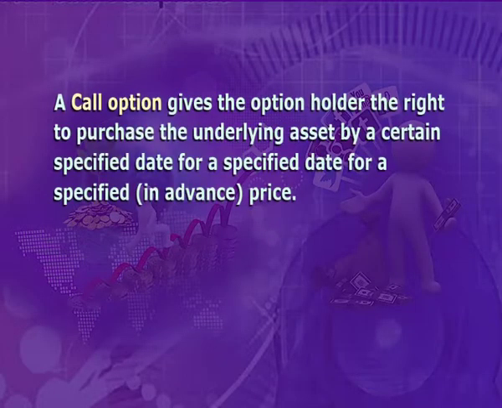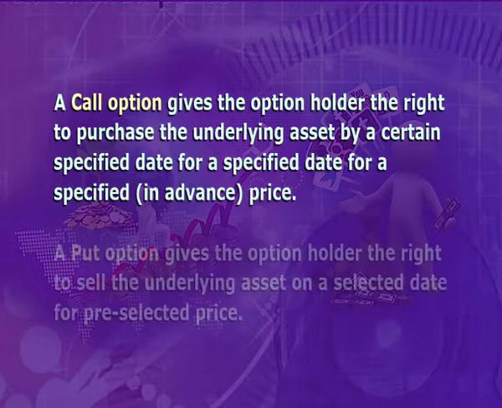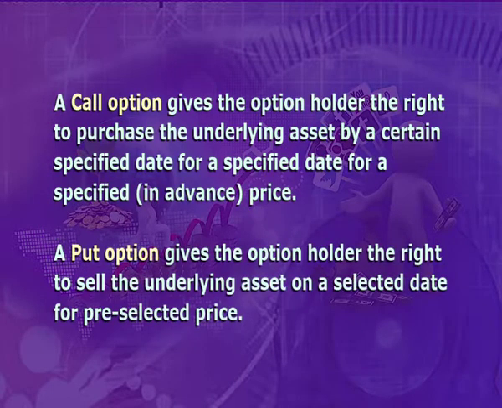A call option gives the option holder the right to purchase the underlying asset by a certain specified date for a specified price in advance. A put option gives the option holder the right to sell the underlying asset on a selected date for a pre-selected price.